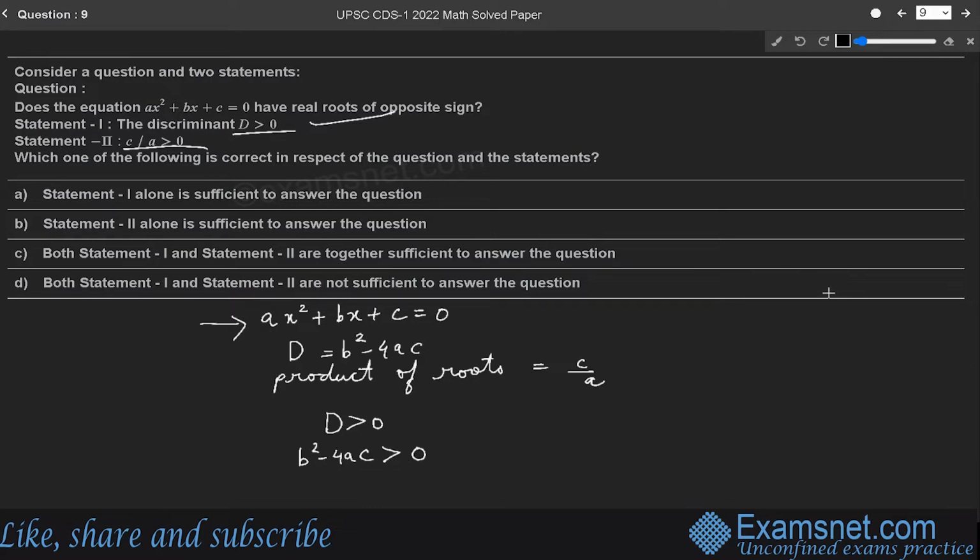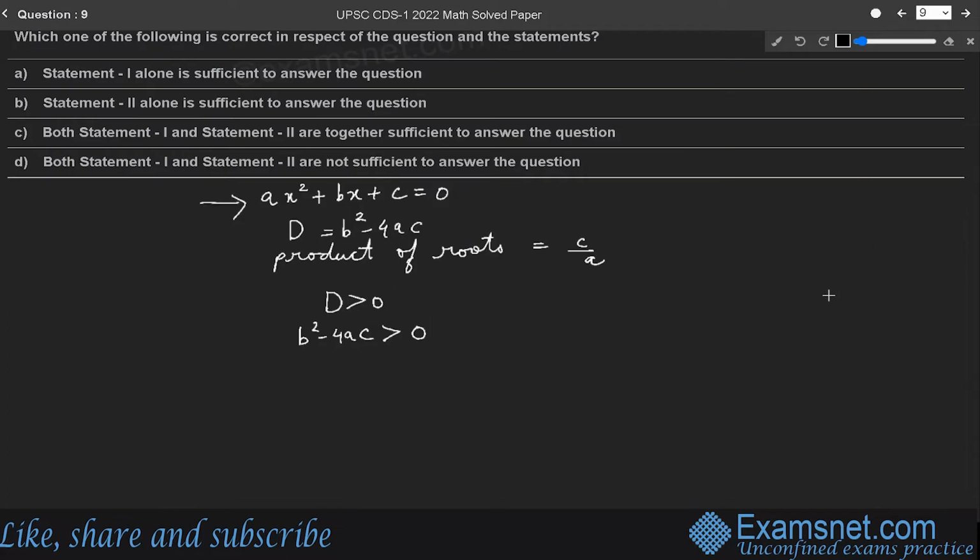Now if a and c both are of opposite sign, then it will be b square minus 4 into negative is greater than 0 because a and c are of opposite sign. So plus minus will be minus. So we can say that the product of roots, which is c upon a, is less than 0 because the answer here is negative. This shows that both the roots should have opposite signs, but the opposite sign of the root will be possible when both have the same sign.